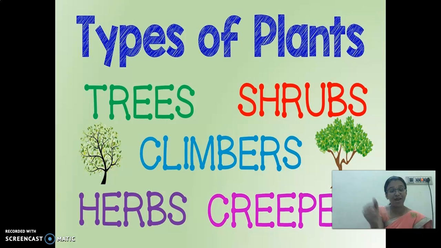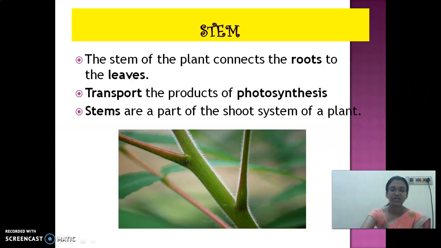And the types of plants. They are trees, shrubs, climbers, herbs and then creepers. These are all different types of plants, classified based on their stem. Then we have seen the first part, that is the stem.